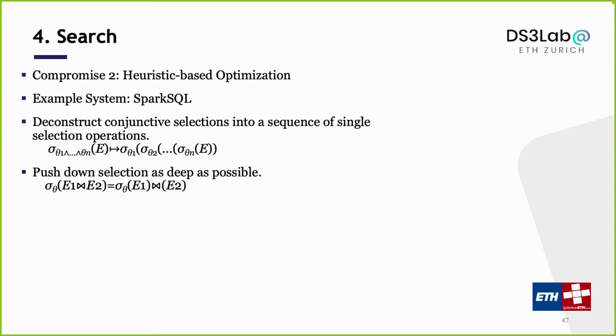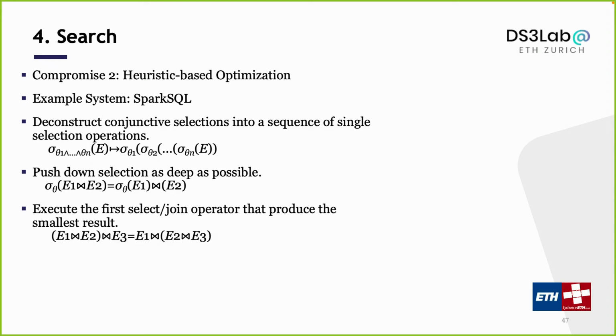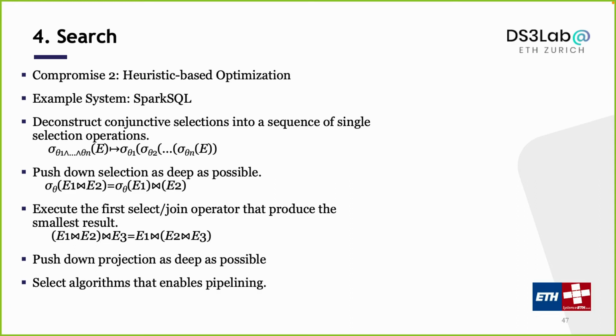I first decompose it into smaller pieces, then push down as hard as I can, and I end up with a whole bunch of joins. Then I take advantage of the fact that they are associative, and search for those pairs that give me the smallest result. If you have projection, you also push that down as deep as possible.